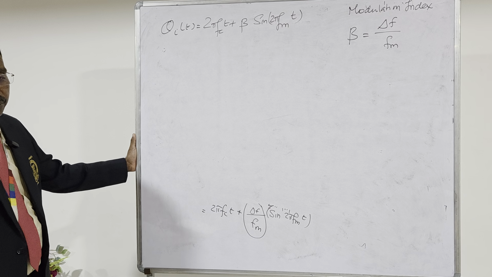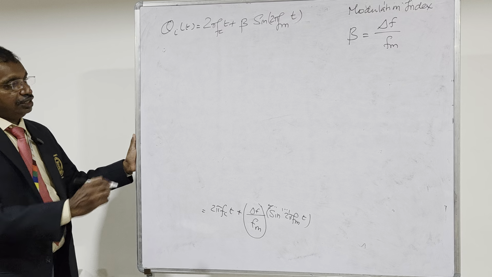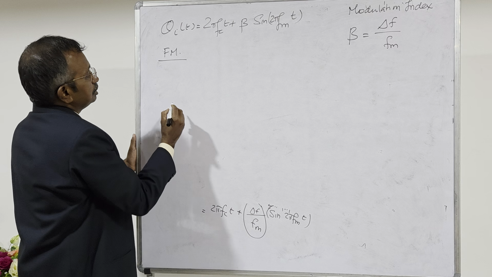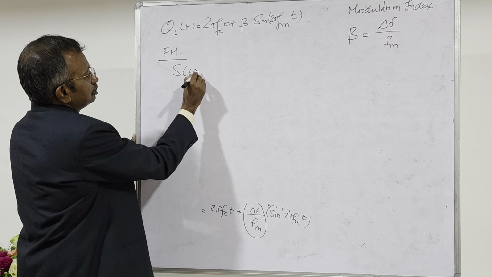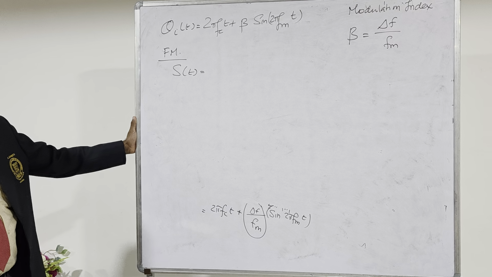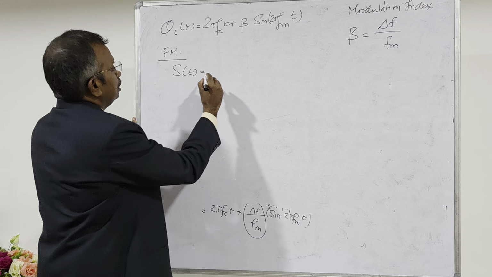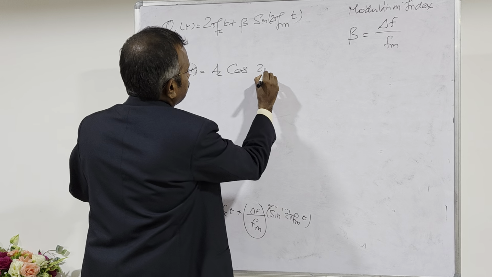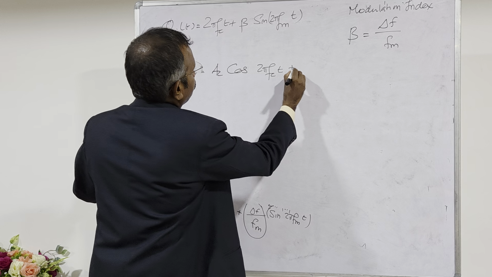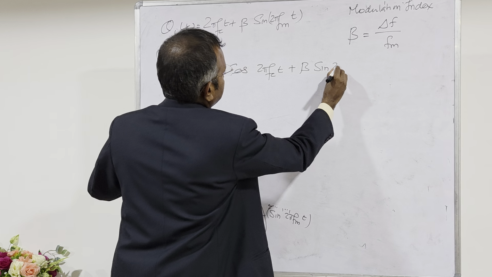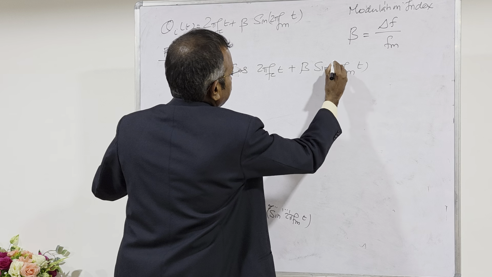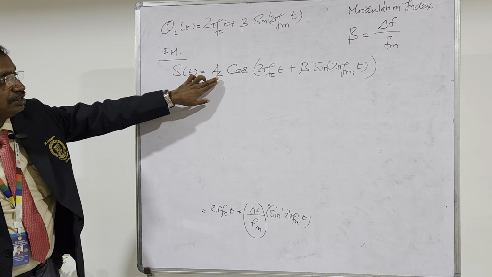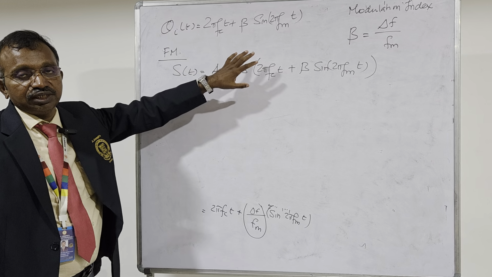Then the FM signal is given by s of t is equal to Ac cos theta I of t, and theta I of t can be replaced by 2 pi fc into t plus beta sin 2 pi fm into t. So that is the equation for the FM signal.